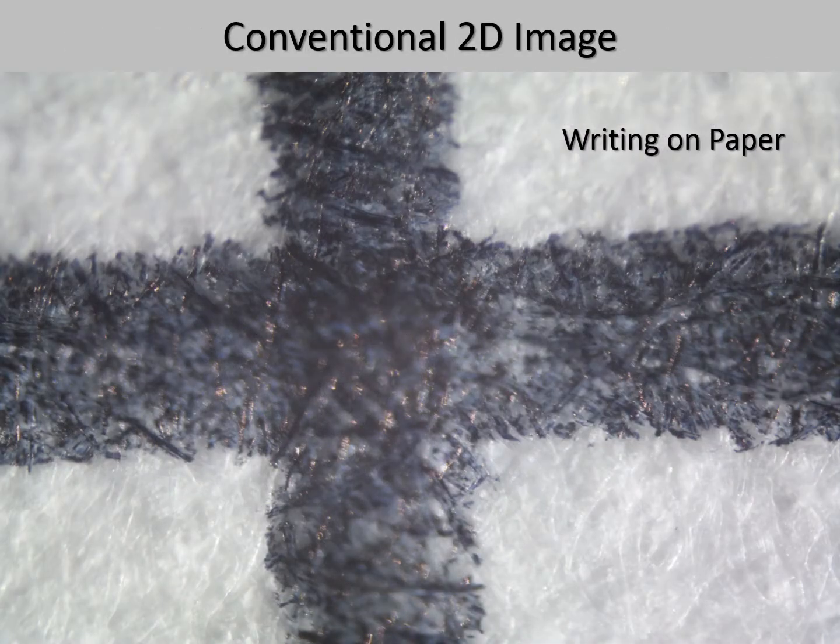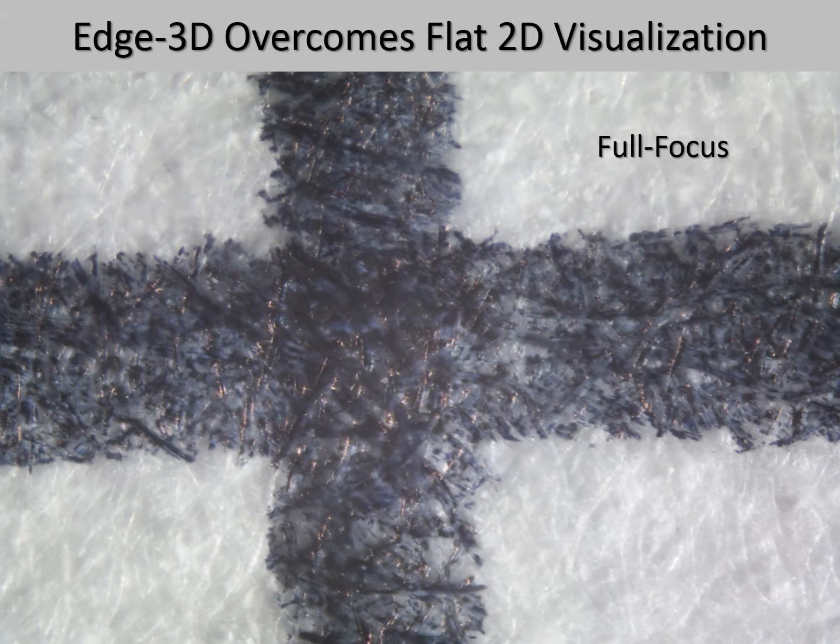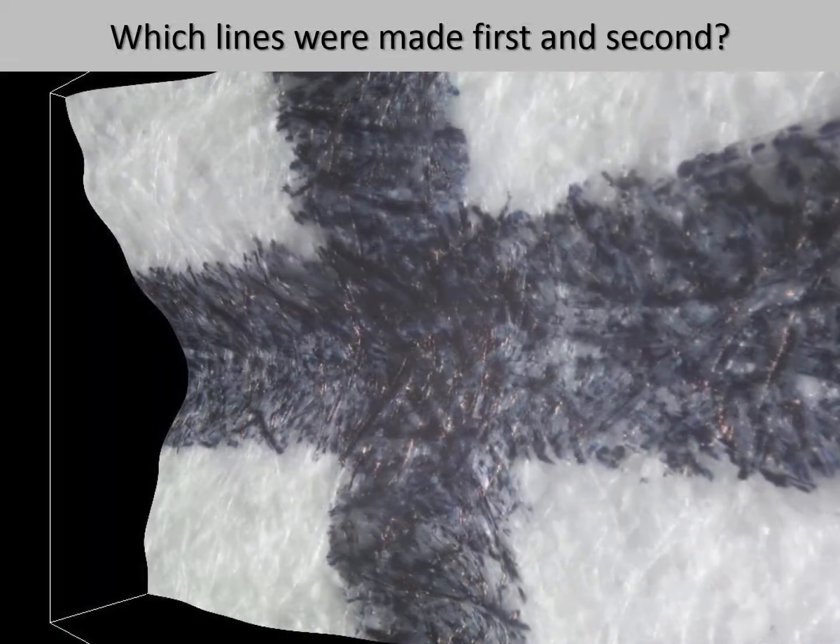Here is a 2D image of 2 strokes of a ballpoint pen on paper. Here is a full focus image of the 2 strokes of the pen. The question is, which stroke was created first, and which was created second? The 3D model shows that the pen markings create a groove in the paper.